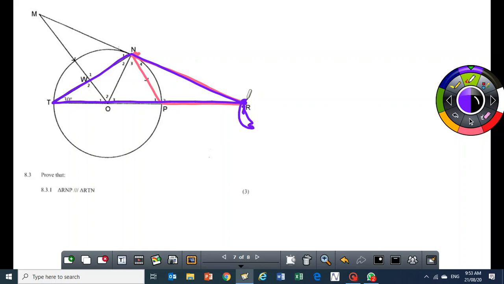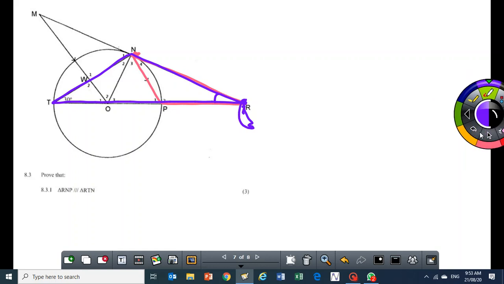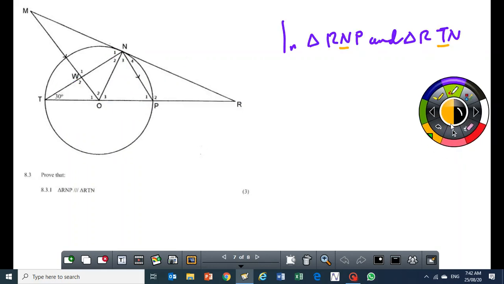So already we know that this angle is a common angle. It means I'm almost there. I just need to prove that angle N is equal to angle T, or P is equal to N. That's all. And then once I do that, the third pair is based on the sum of angles in a triangle. In the previous lesson, this is where I stopped.